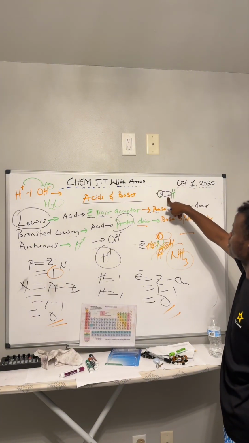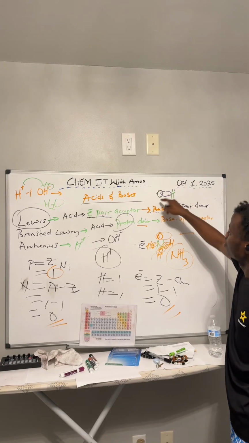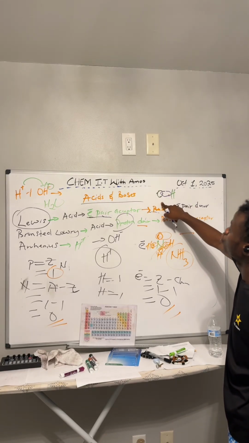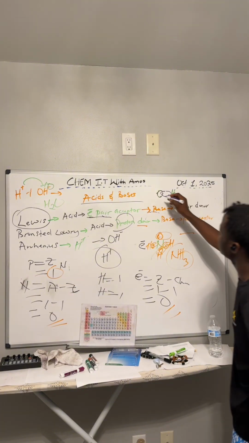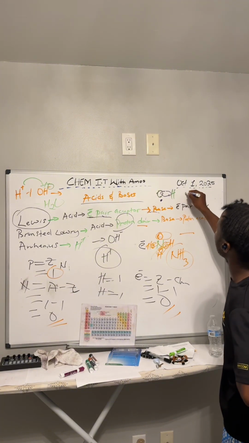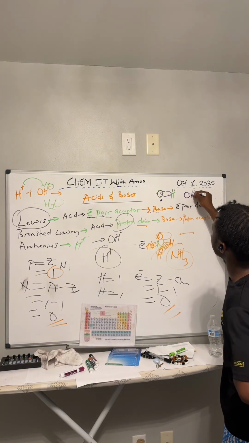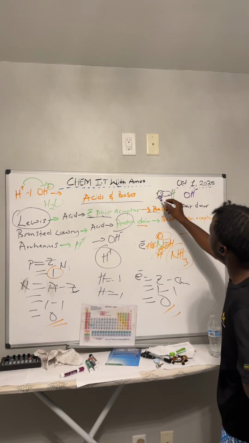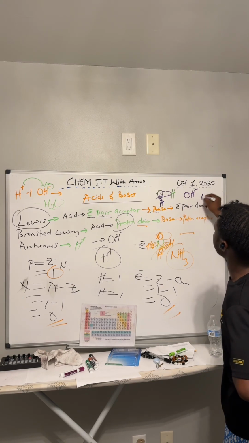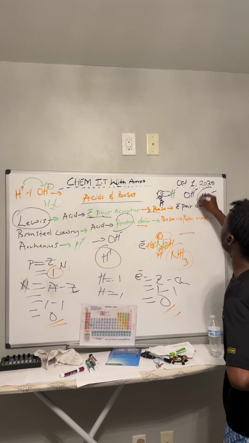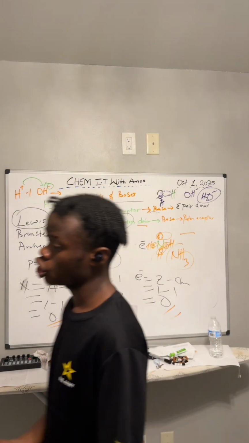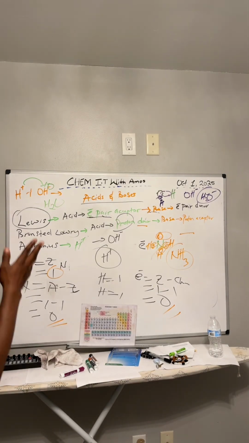If you're going to 7, 1 more to make it 8. So here it's still vacant. It can still be bonded. For that reason, this is how it got to OH minus. It can still accept 1 more. So later on, if you add 1 H here, then it becomes just H2O. There is no charge right here. So it tells us that it can ionize in water. It's only water. It ionizes completely.